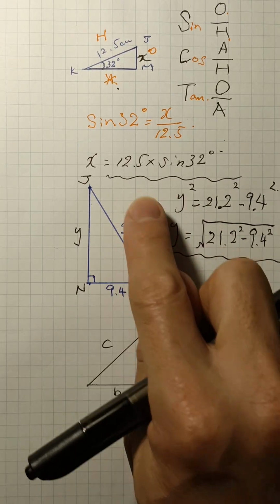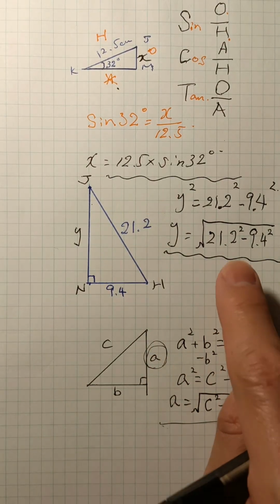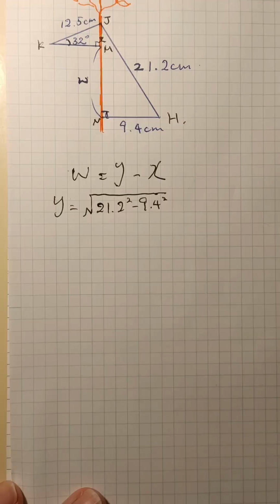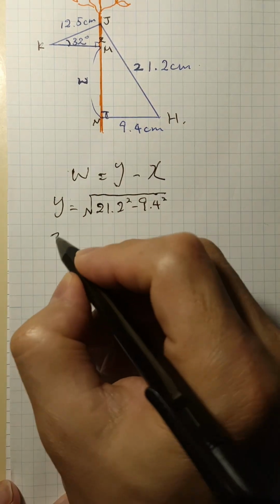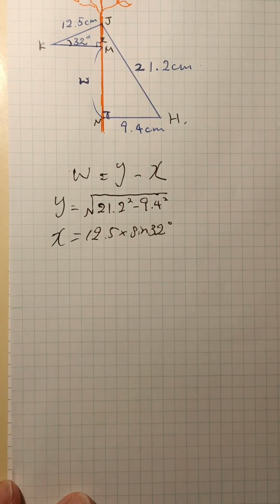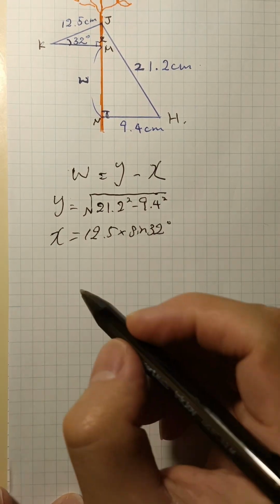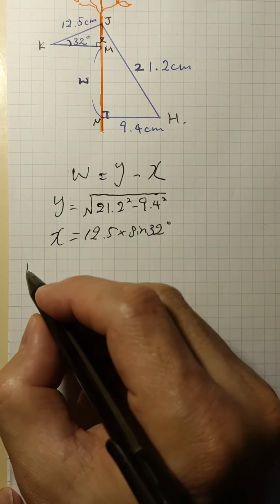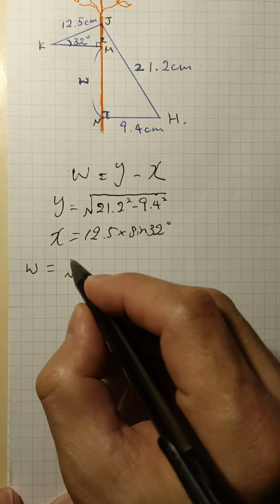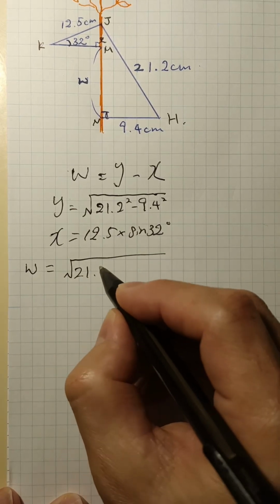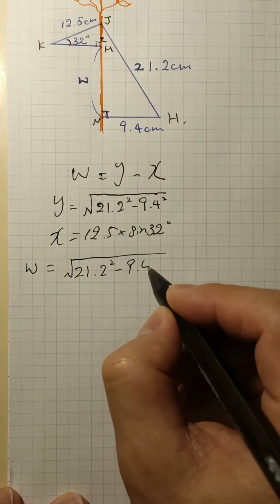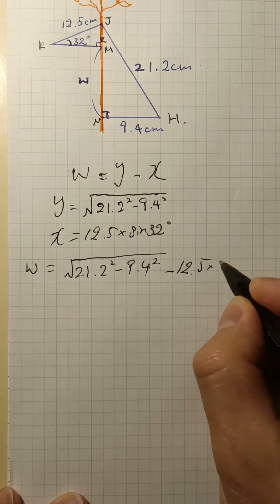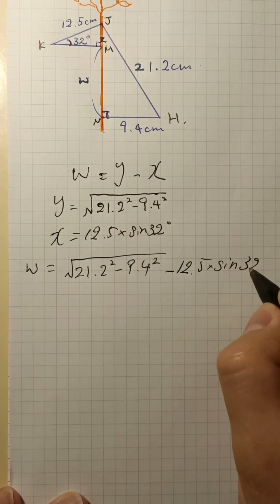So W must be this take away this. So W is the square root of 21.2 squared minus 9.4 squared, take away 12.5 times sine 32 degrees.